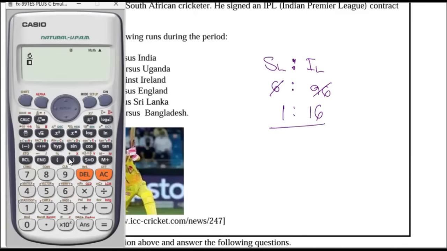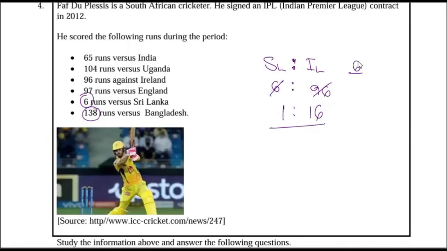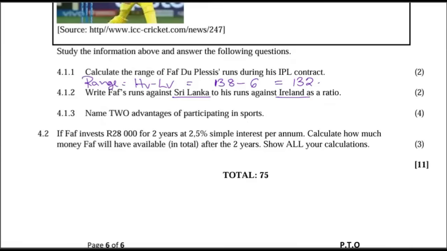Take the smaller number over the bigger number and you press equals. You see? So the smaller number, which is 6 out of 96, has given us 1 over 16. So the smaller number takes the 1 and the bigger number takes the other number. So that is our ratio there. The ratio here is 6 is to 96, and the answer became 1 is to 16.